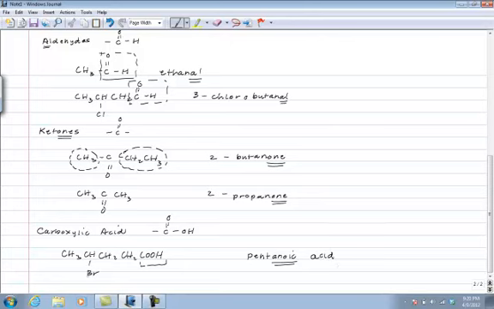That would be fine if there was no bromine there, but there is a bromine, and you notice it's off carbon number 1, 2, 3, 4. So this is 4-bromopentanoic acid. Let's look at this example too of a carboxylic acid. CH3COOH.